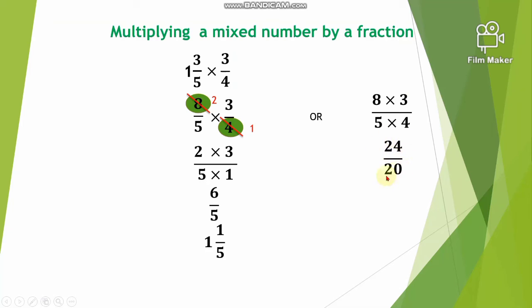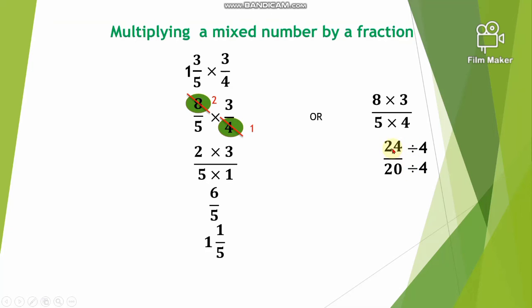Then, yes, 8 times 3 is 24, 5 times 4 is 20. After you get this type of fraction, what you have to do is simplify it and keep the answer in simplest form. That is, again we have to look at the common factors of the numerator and the denominator. If you check 24 and 20, both numbers can be divided by 4.